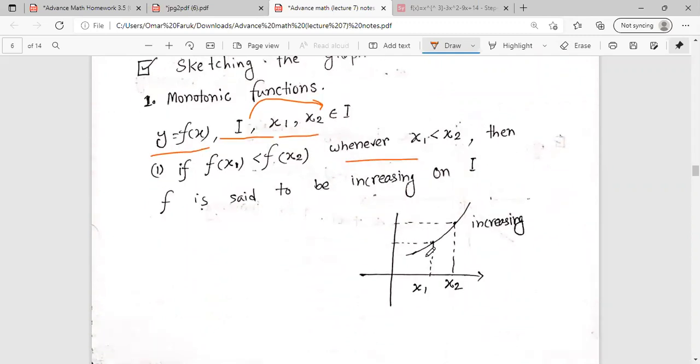This is also very simple. For example, we have x1 here and x2 here. If this is our value, then f of x1 will be here, right? And if this is x2, then f of x2 will be here, right? Guys, do you know this?